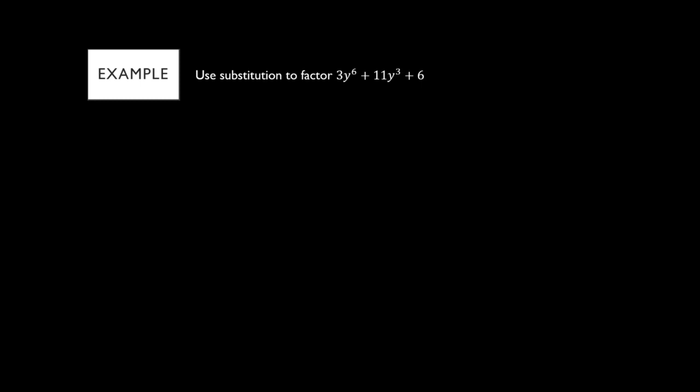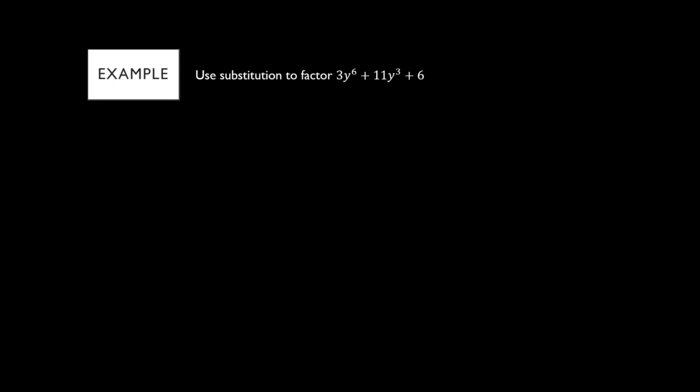This is something that you can factor by guess and check. You can use the AC method on this, but you can also use substitution. A lot of people don't use substitution on this, but I think using substitution will make it easier for a lot of people. So that's why I'm going to show how you can use substitution on this.